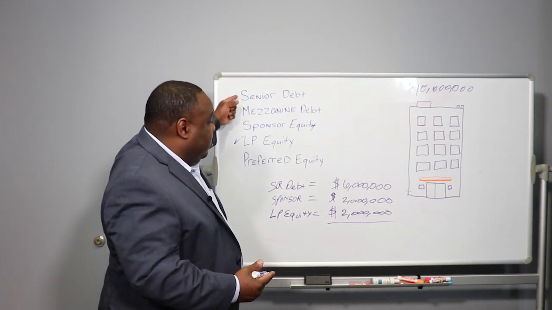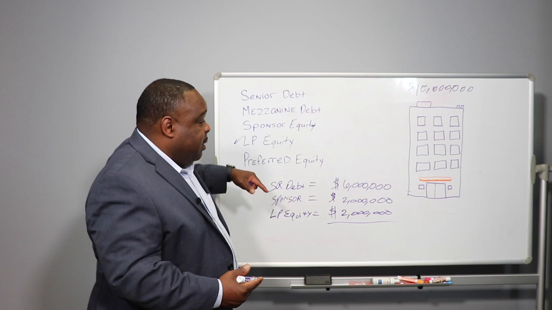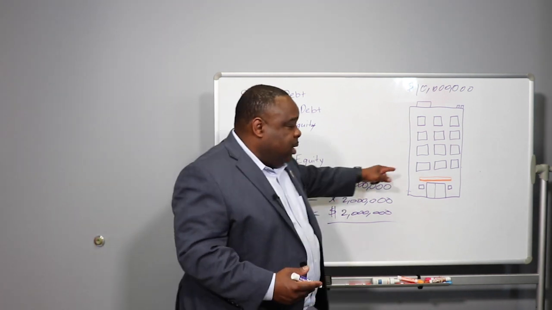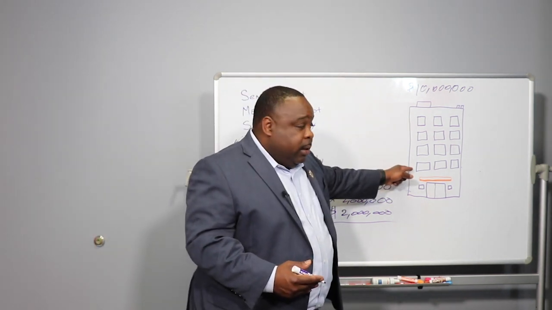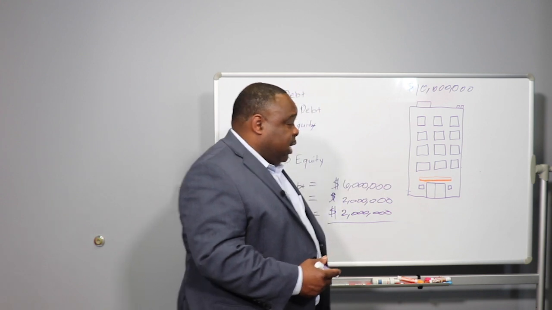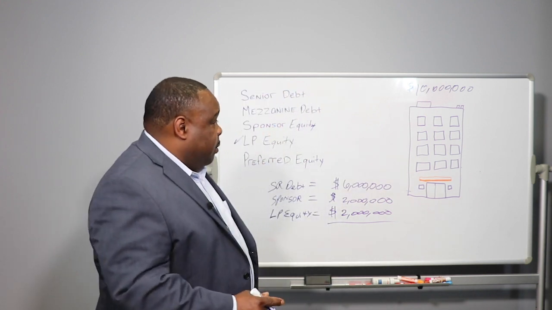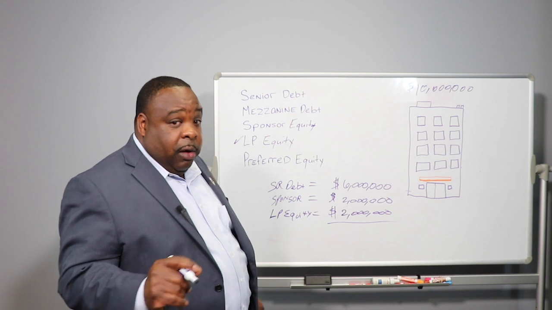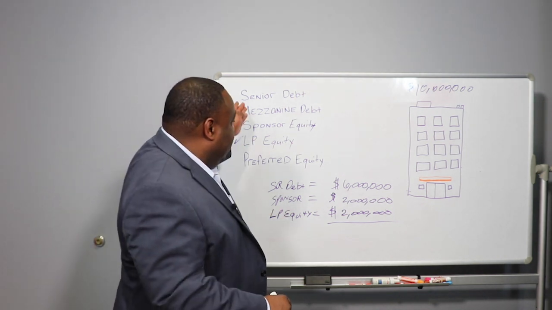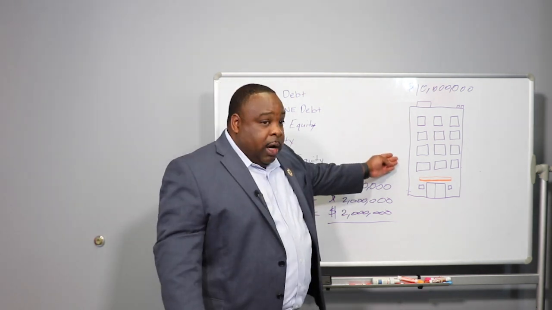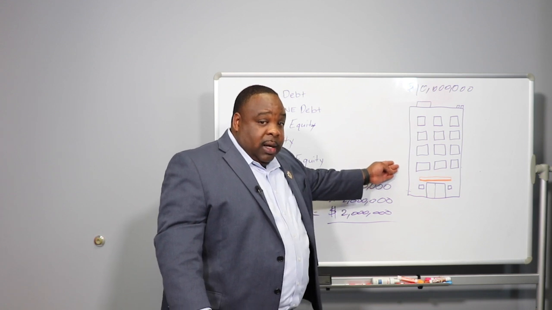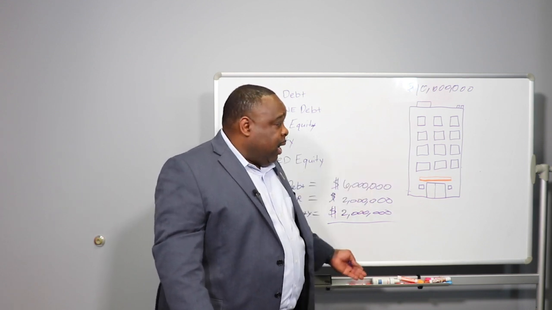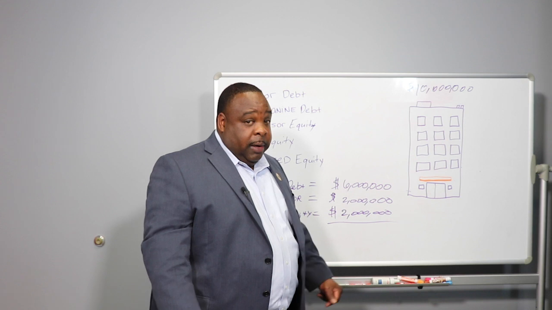Therefore, the more senior debt that you put on a project, the less your total cost of capital is going to be. But you have to be careful, because by leveraging up the project with too much senior debt, you can create unnecessary risk for your project.